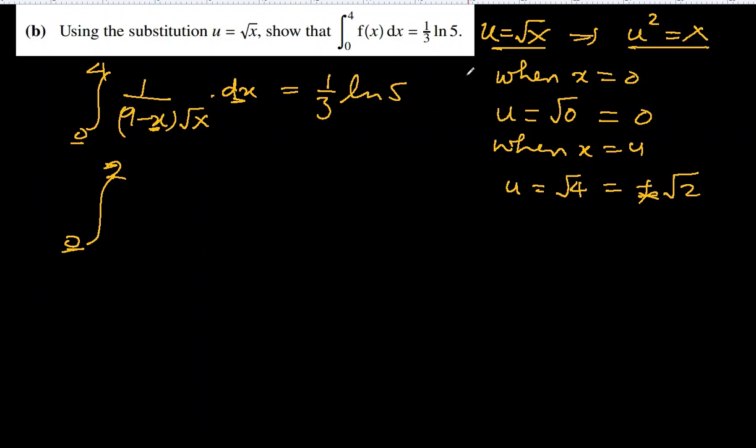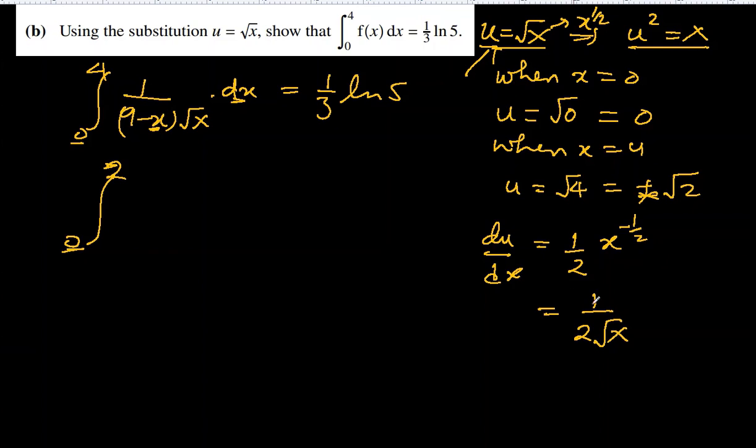So let's differentiate this particular relationship. Du over dx will be, square root x can be written as x power half. So when we differentiate this, we get half x to the power half minus 1, which is minus half. So that is basically 1 over 2 square root x.